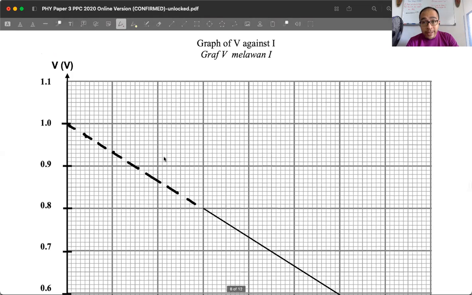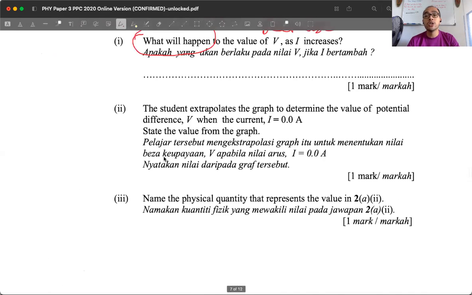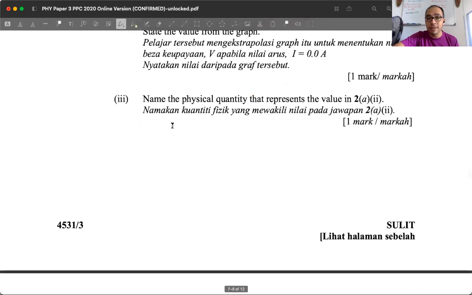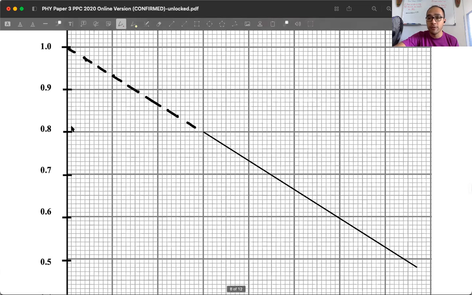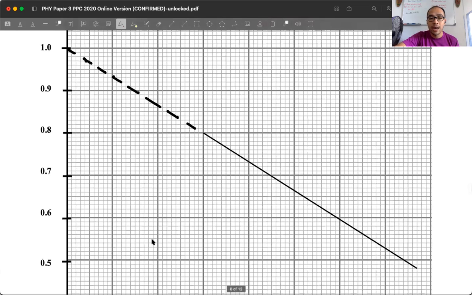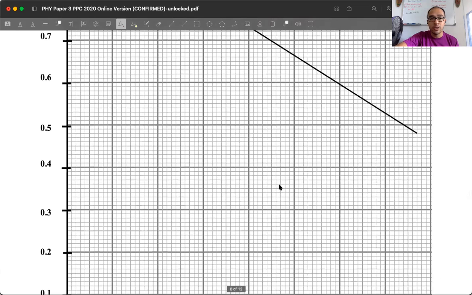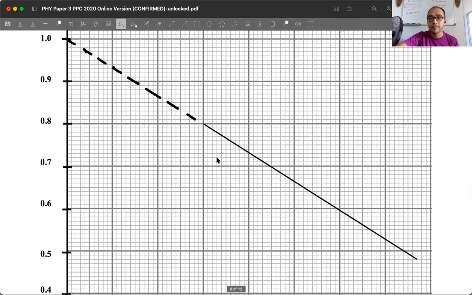A majority of you answered V increases. You know why I say a majority? Because more than 70% of you answered this with V increases. Bila I meningkat, when I increases, you say V also increase.